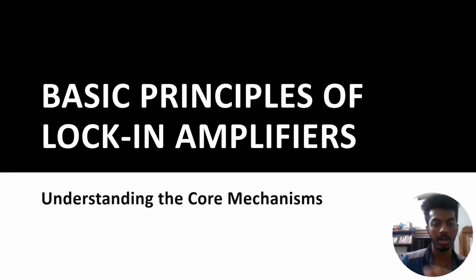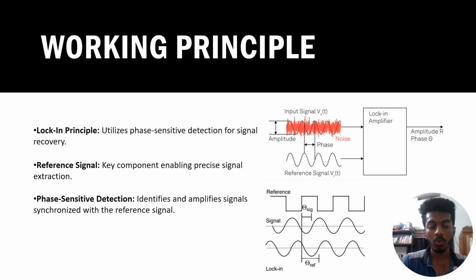So how does it work? The basic principle: the lock-in amplifier utilizes phase sensitive detection. We set a phase, and according to that the lock-in amplifier passes the signal. For example, we set a reference signal here, and according to the reference signal we get the signal we want. Let me give an example. Imagine you want a particular signal.